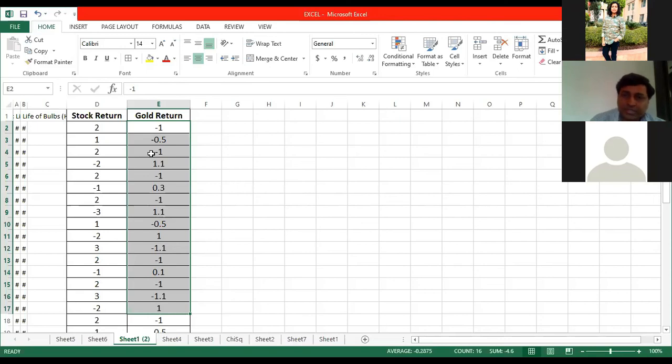So this basically talks about the fact that if there is a negative correlation coefficient between two, and if they are very strongly associated, and if you are able to forecast that the stock market will fall in the near future, then gold should be the preferred investment option.